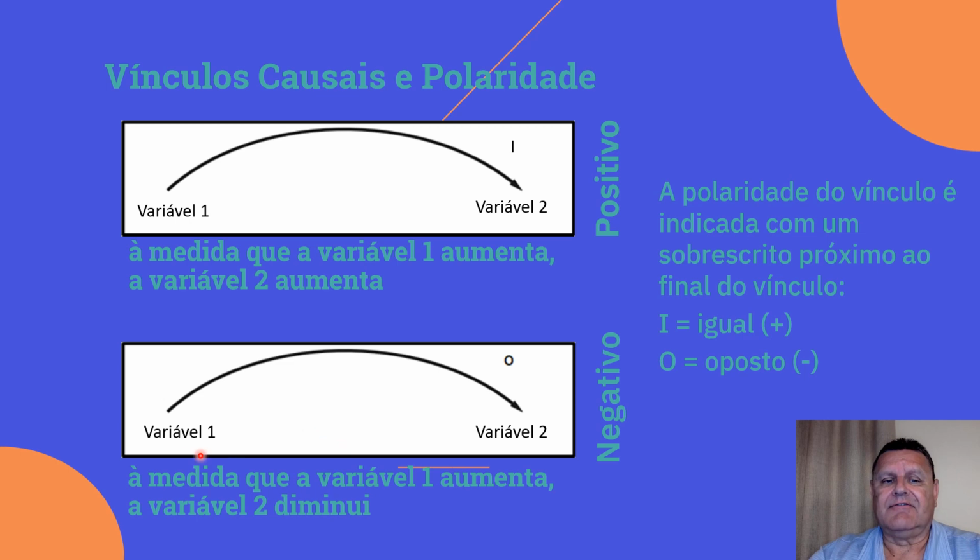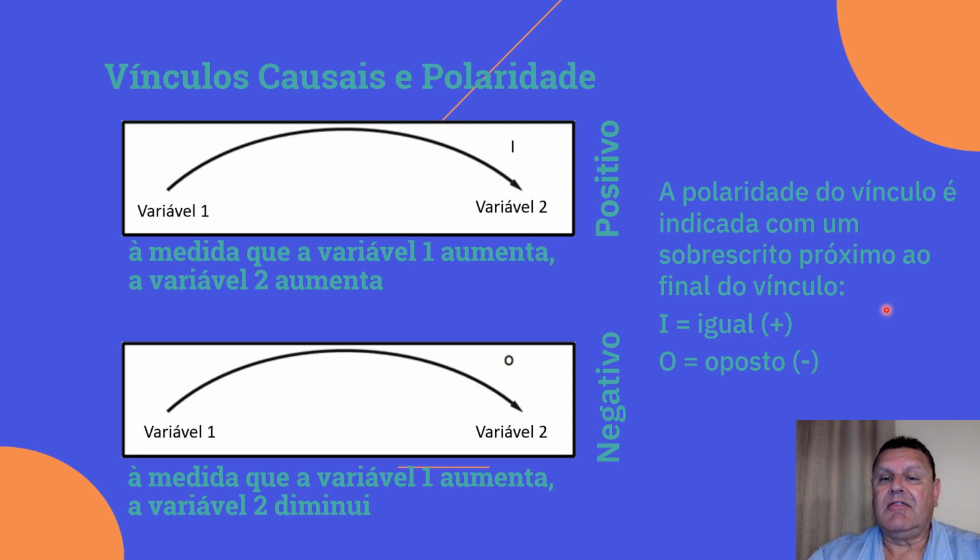Now here's a negative between two variables, variable 1 and variable 2, and that's an O for opposite or negative. And so as variable 1 increases, variable 2 decreases. So the point is simply that for every variable, we will note a relationship between them, and we mark it with a sign of polarity, either S for same or O for opposite. There are people who use pluses and minuses, and that's perfectly fine.